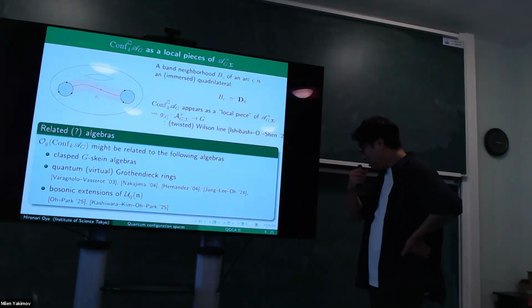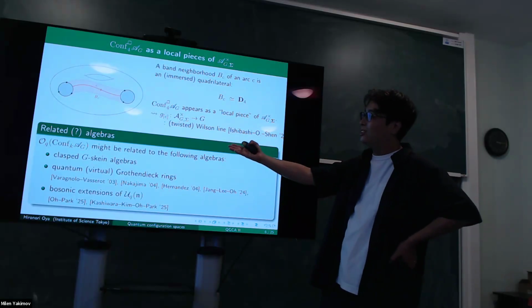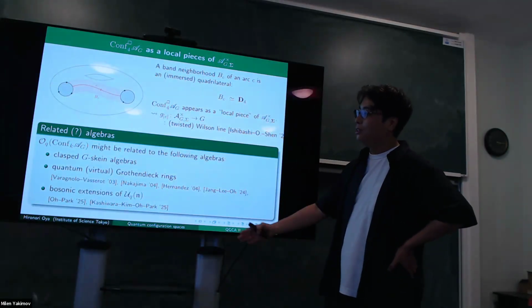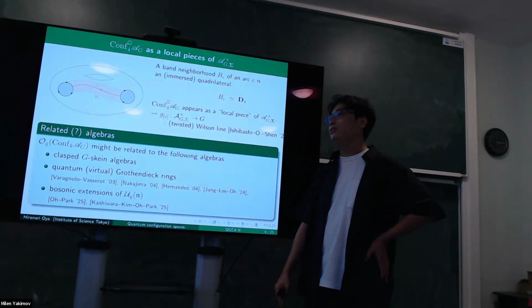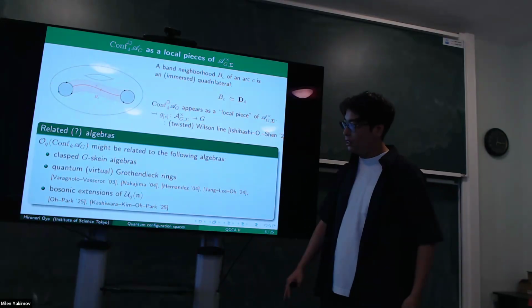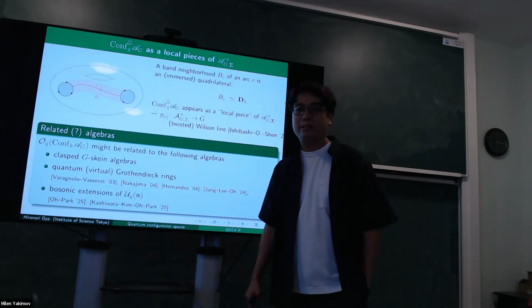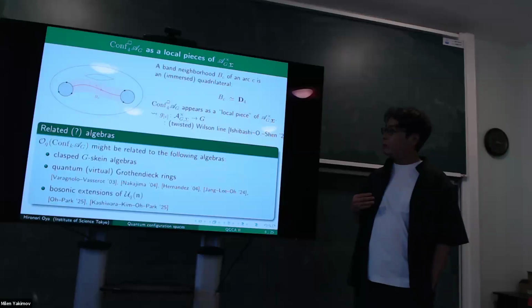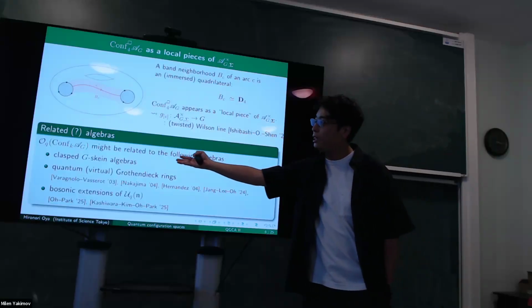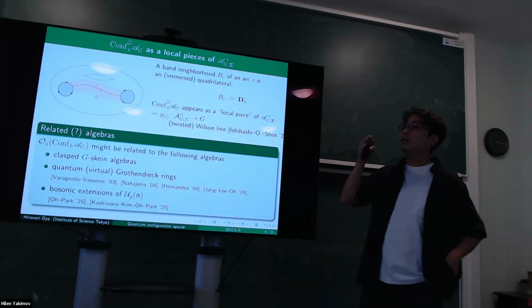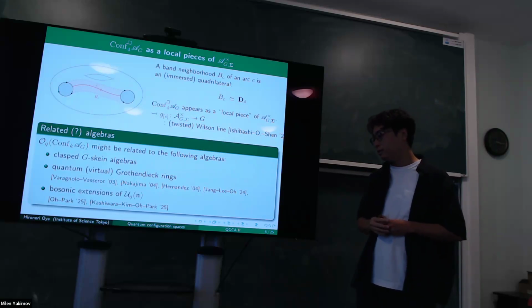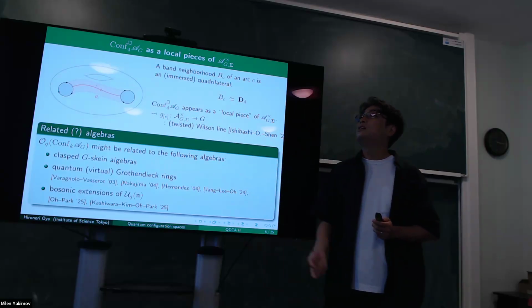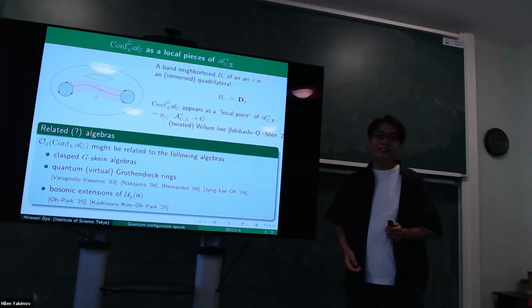And I hope that this algebra, the quantized configuration space, might be related to other algebras. So the first one is the so-called skein algebra. In my point of view, the skein algebra is a quantization of some character variety. And this moduli space is a variant of the character variety.